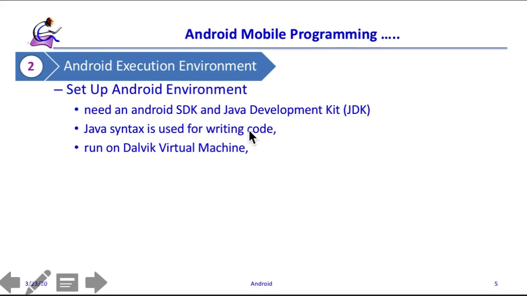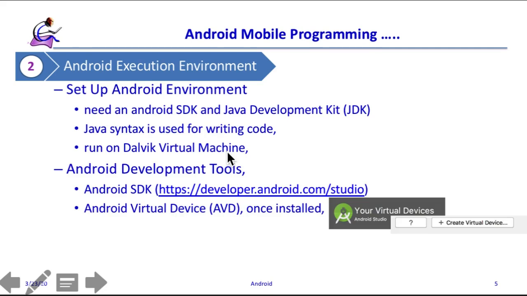The Java syntax is applied, and the Dalvik virtual machine is also a major component inside. To do so, you have to go to this link. If you don't have it, download the Android development tool, which will be set up on your machine.